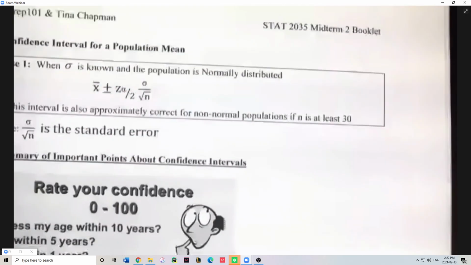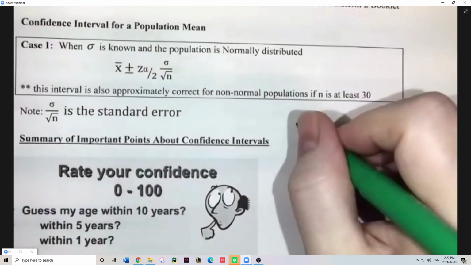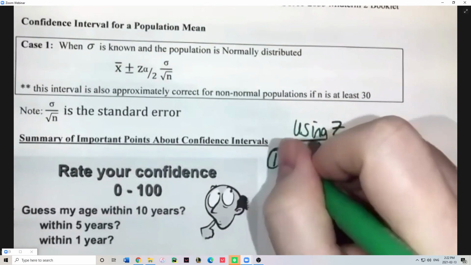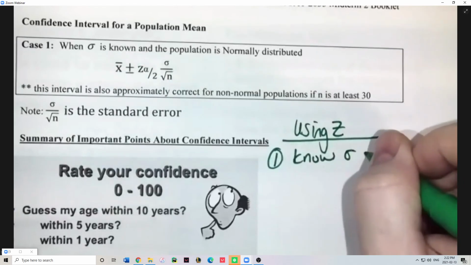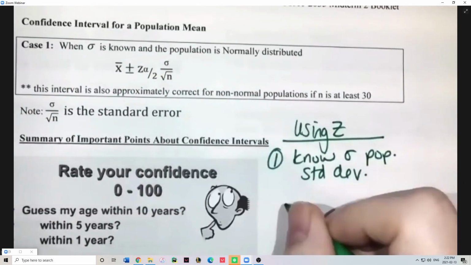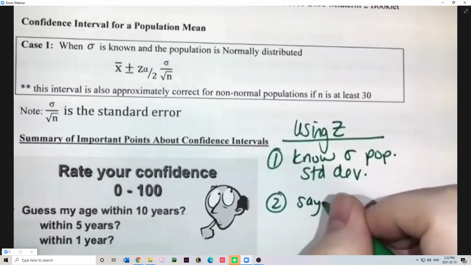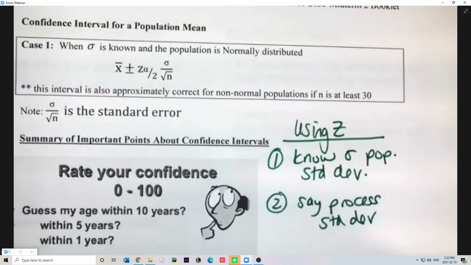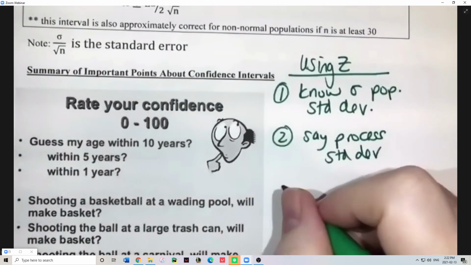Some words to know that you're using Z. Number one, if you know sigma, the population standard deviation. Number two, they might say process standard deviation, which means population.